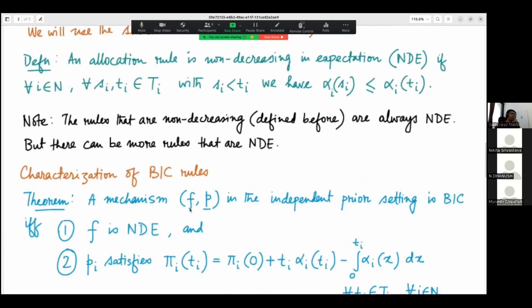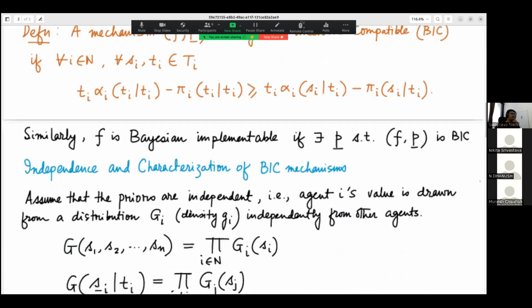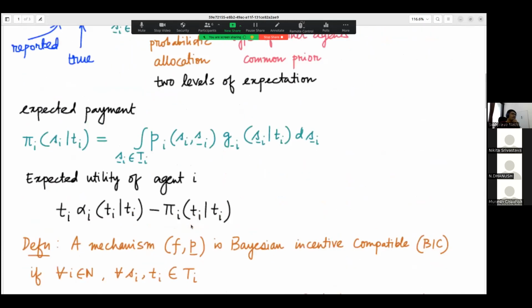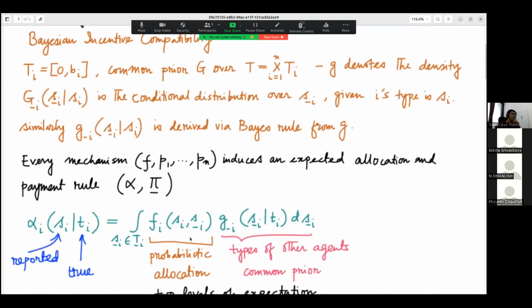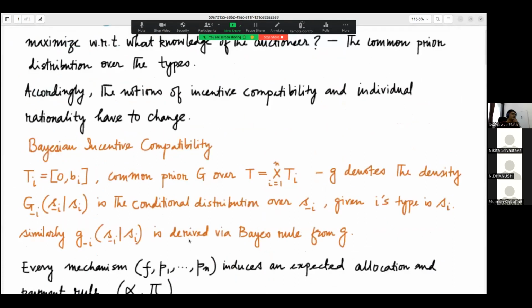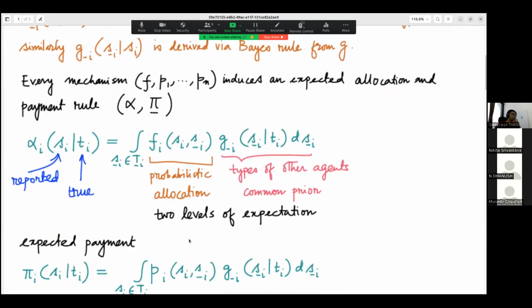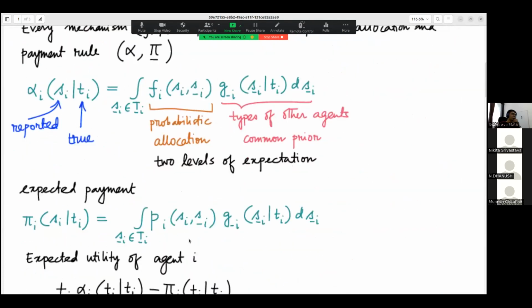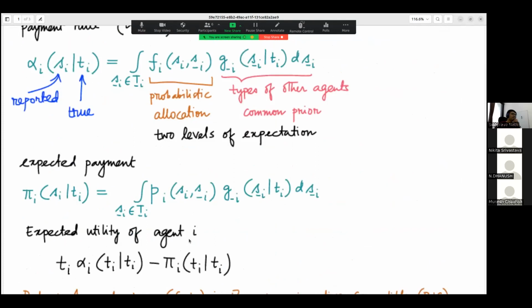Let me just figure out how pi i of t was defined. The allocation is certainly talking about the expectation, right?